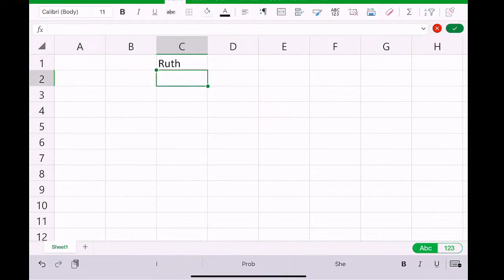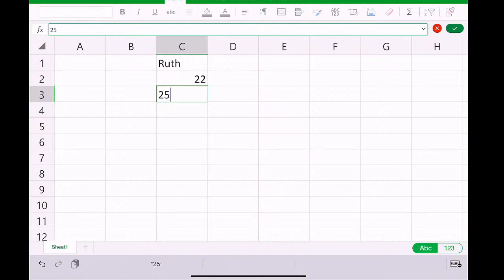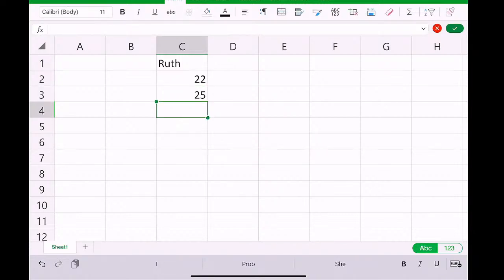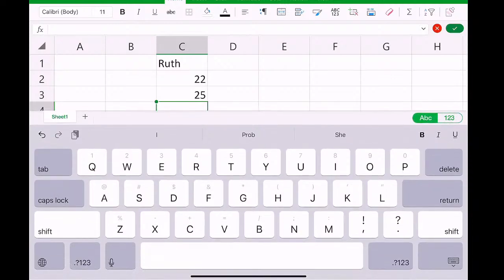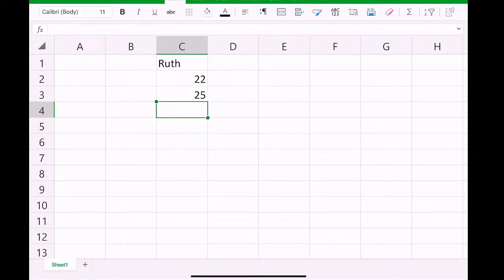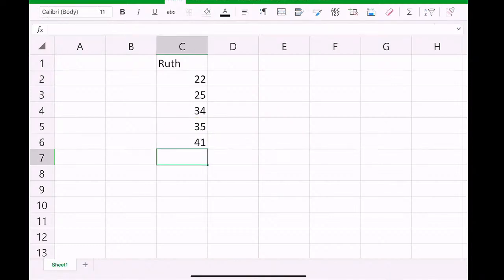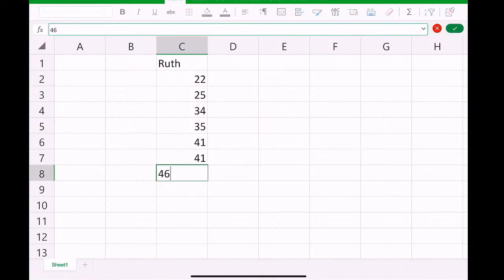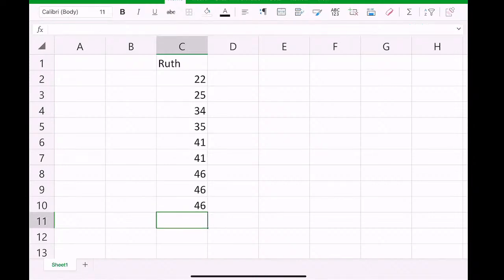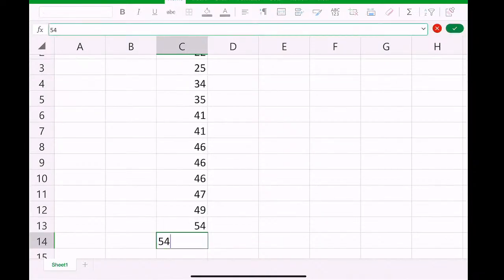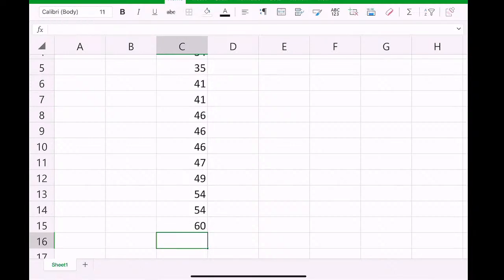I'm going to enter Ruth's data in a column: 22, 25, 34, 35, 41, 41, 46, 47, 49, 54, 54, and 60.